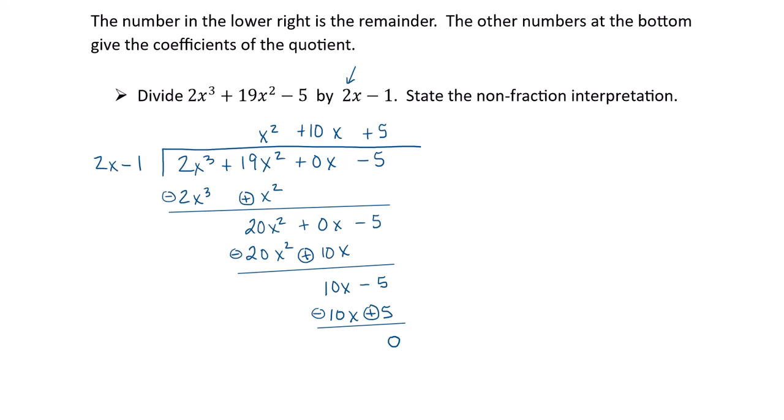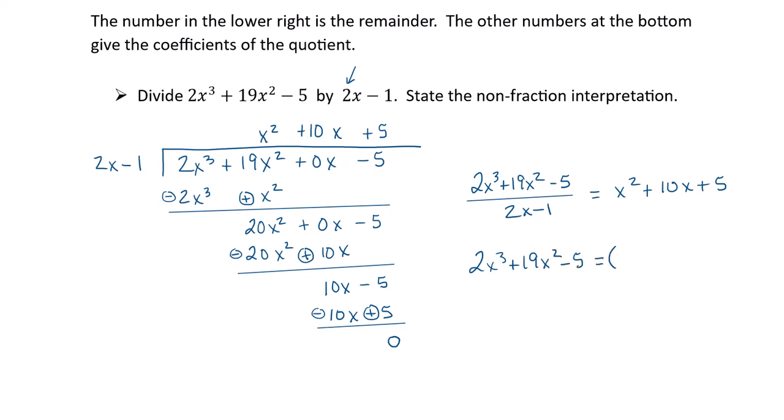So what we know in interpreting this, 2x cubed plus 19x squared minus 5 divided by 2x minus 1 is equal to x squared plus 10x plus 5, or 2x cubed plus 19x squared minus 5 is equal to x squared plus 10x plus 5 times 2x minus 1.